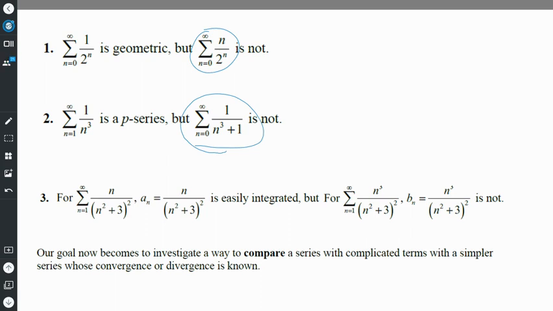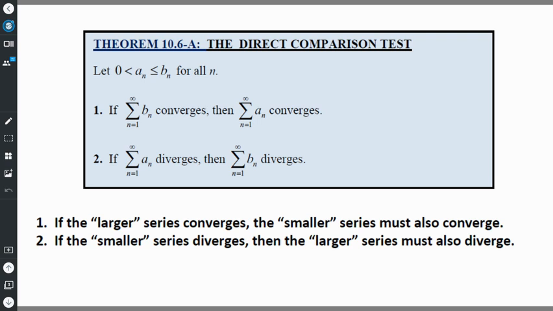Our goal in this case is to compare to a type of series, whether it's a P-series, a geometric series, or something else, to be able to determine whether it converges or diverges. So here's how it is. When you're given a problem, let's say a_n, this is your original problem, your OG.